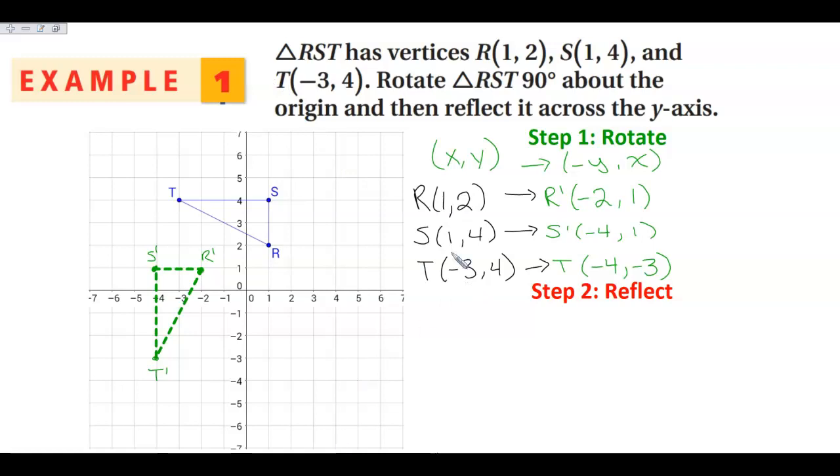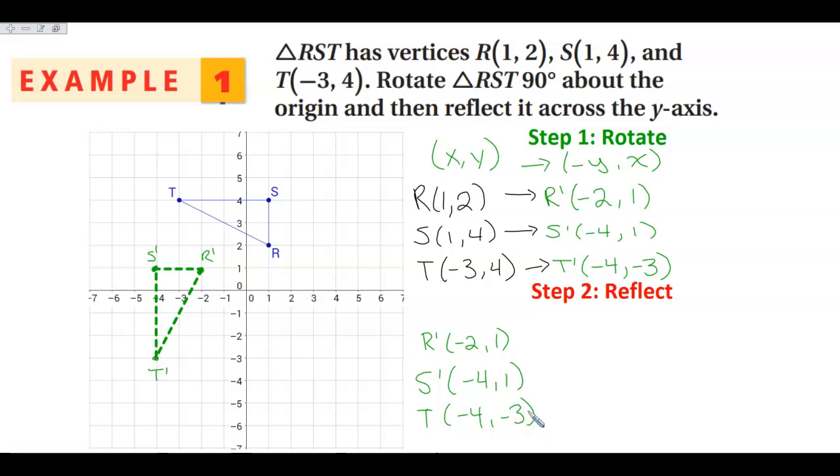All right. Then our next step is we're going to reflect it across the y-axis. So from here, I'm going to reflect my changed points. My R prime was -2, 1, S prime is -4, 1, and T prime is -4, -3.